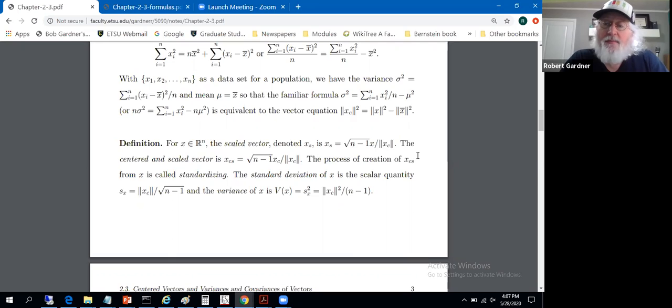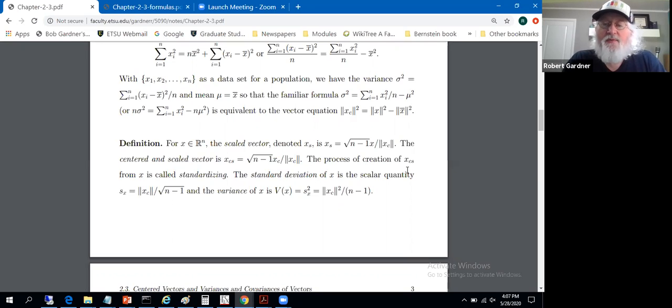It has some nice properties in terms of standard deviations and variances. The centered and scaled vector, x sub cs, is the square root of n minus 1 times, and this one looks a little less weird, x sub c, the centered counterpart of x, normalized. So they're taking a unit vector and multiplying it by the square root of n minus 1. So that's the centered and scaled vector.